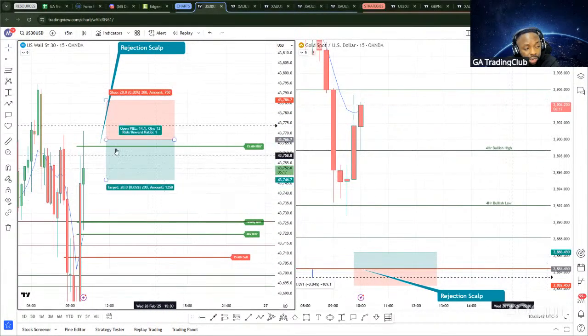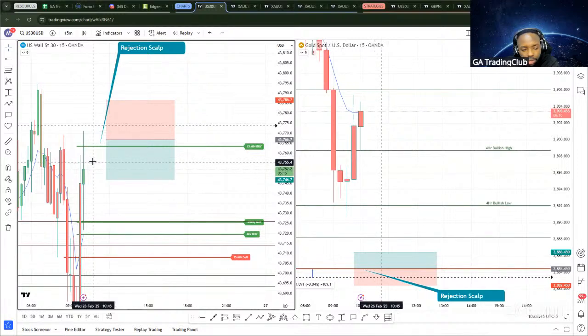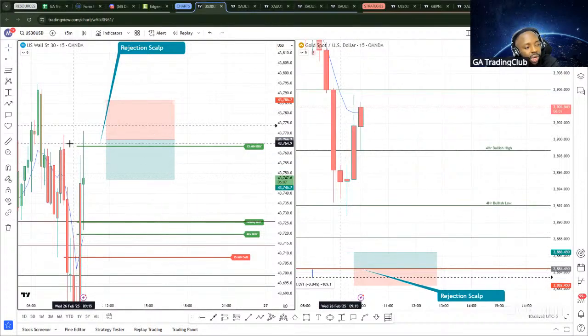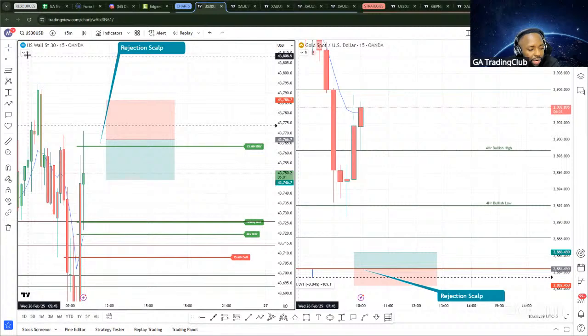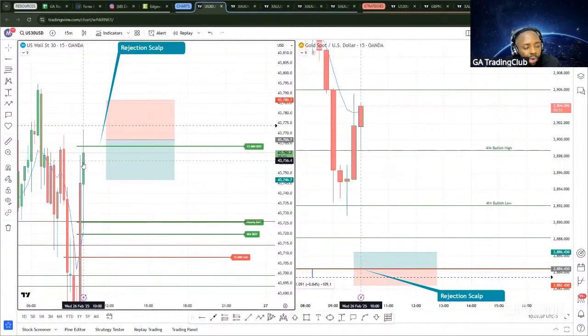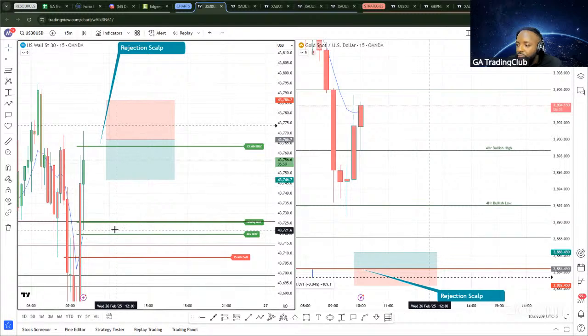So the idea of this rejection scalps, which is the same idea as the rejection entries on the hourly and 4-hour, which have a wider TP and stop loss, is that when a rejection area is created and it's in a supply or demand zone, depending on the direction you're trading, and even better, it's surrounded by another block in the direction you're trading, your expectation is that the candle will close below or above that rejection zone.